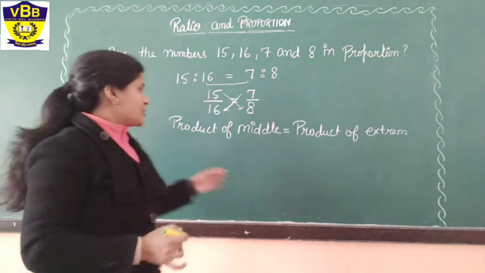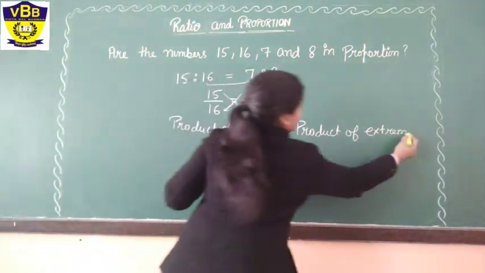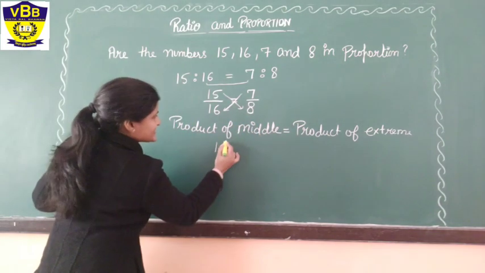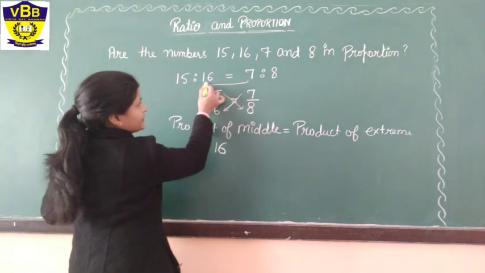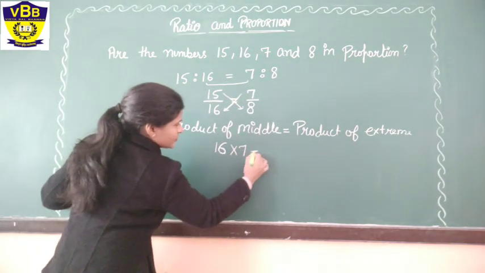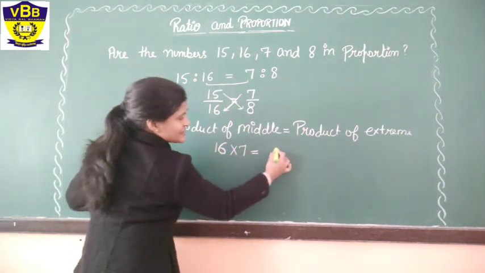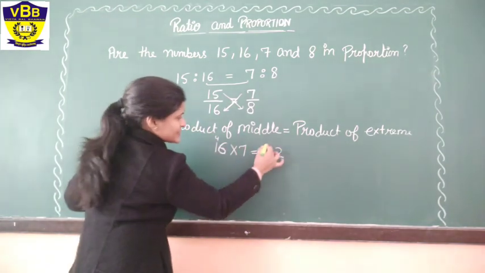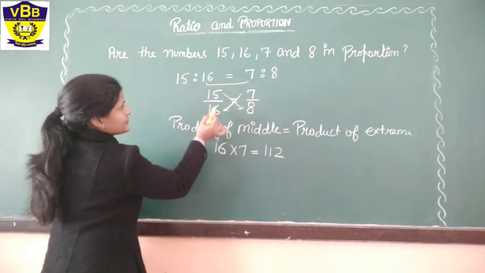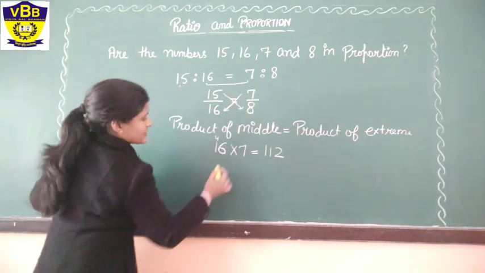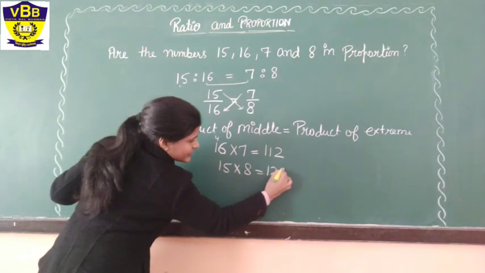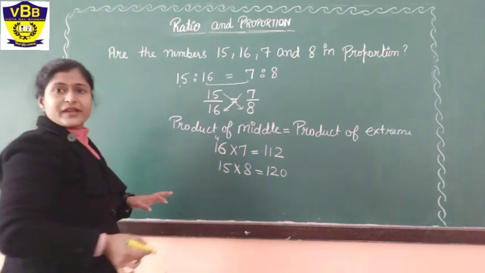Okay, so the middle terms are 16 and 7. 16 into 7 is 112. The extreme values are 15 into 8, that is 120. Are they equal? No, they are not equal.